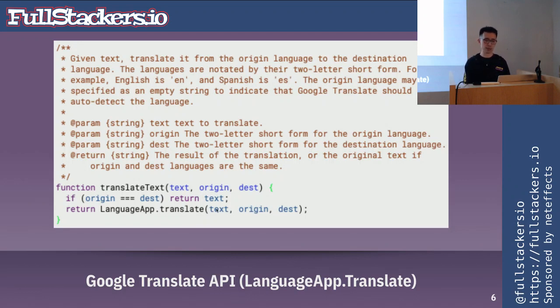It asks you for your text string, it asks you what the original language is, and then it asks you what your destination language is. So you can even leave the origin language blank, and then it will do the auto-detect. So it really is as simple as this. You just feed the 3 arguments, and then you call this API. It returns you the translated text.